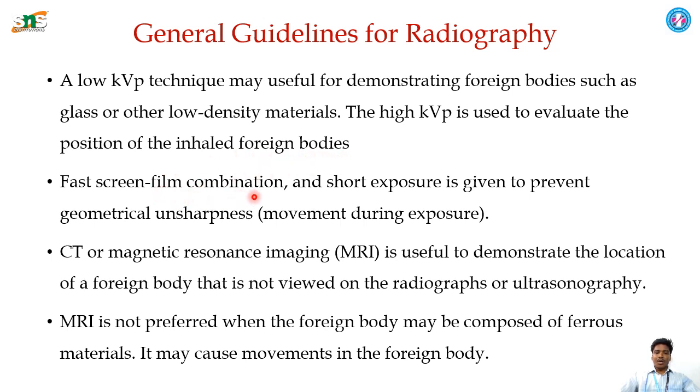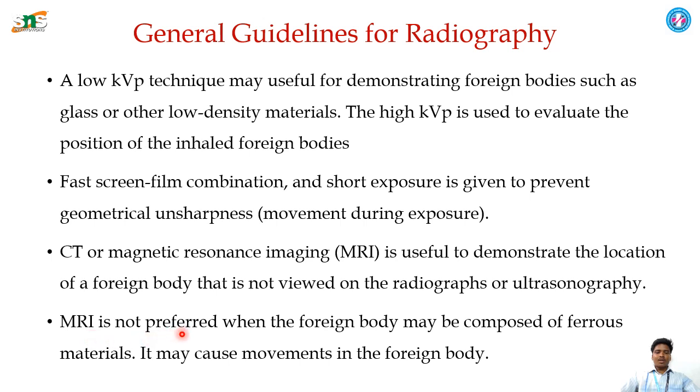For screen film combinations like CR and DR, which give a short exposure to prevent geometrical unsharpness and also reduce the patient dose. CT or MRI, magnetic resonance imaging, is useful to demonstrate the location of foreign bodies that are not viewed on the radiograph or ultrasound.